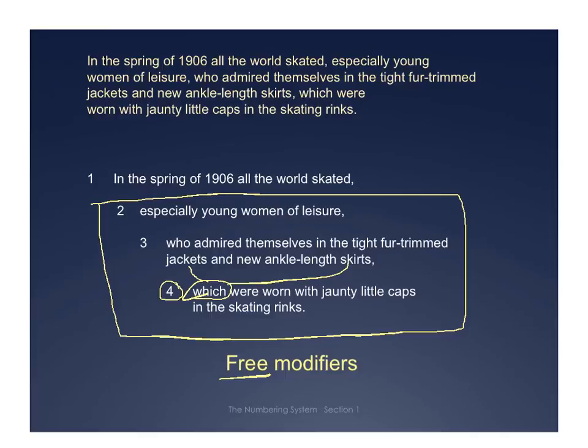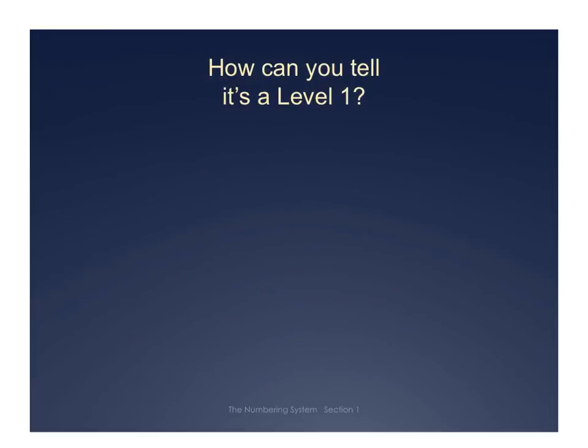Before we move on, here's a question I get asked all the time in my classes. How can you tell it's a level 1? Well, you know about sentences, and you know the definitions about subject and verb and complete thought and all of that. Well, I'm going to show you a much easier way to figure out where's the level 1. Let's take a look at all of the level 1s that we've had so far. First one, Snape made them all nervous.